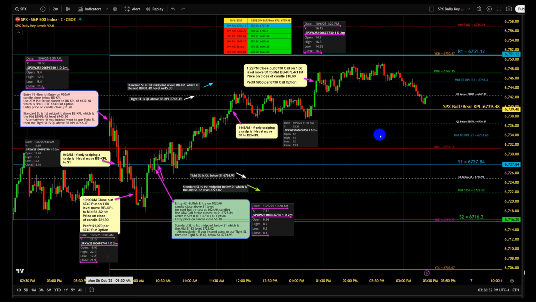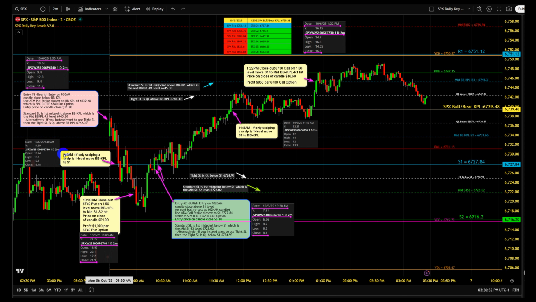So the first main level, full level below, is your S1 level, whereas the mid BBKPL S1 is your first midpoint level. That's a half level move, where the S1 would be a full level move between the BBKPL and S1.